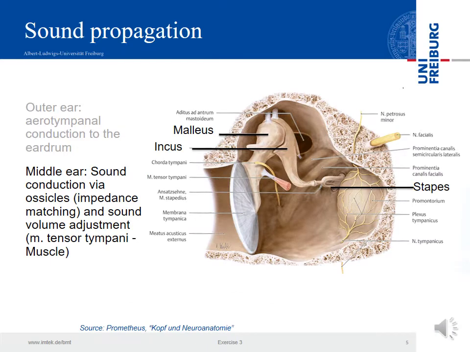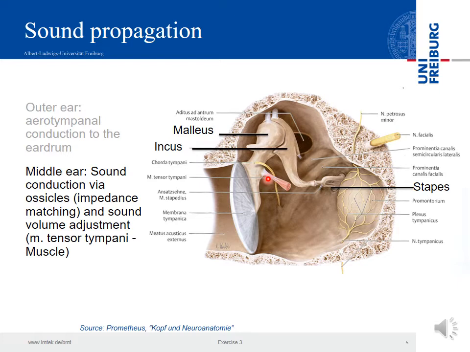That somehow modulates the transfer and the impedance matching from the outer ear in air, low impedance, to the middle ear and the inner ear here at the oval window, fluid filled, that is high impedance.